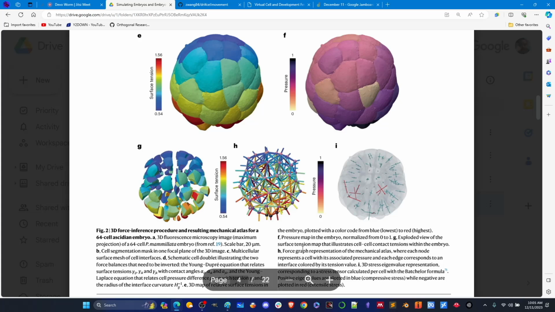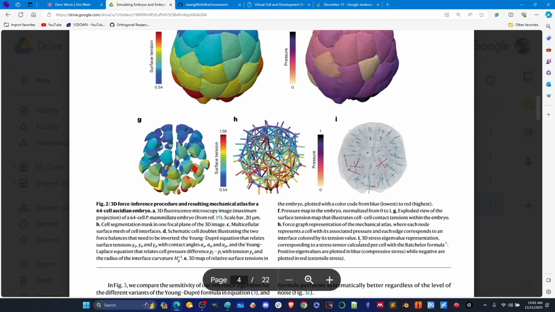In H, you have a force graph representation of the mechanical atlas. This is a force graph network where you have the forces mapped to these interactions. The nodes are the cells, and the edges of this network are the points of interaction. Again, you can see that these faces of individual cells have higher surface tension.